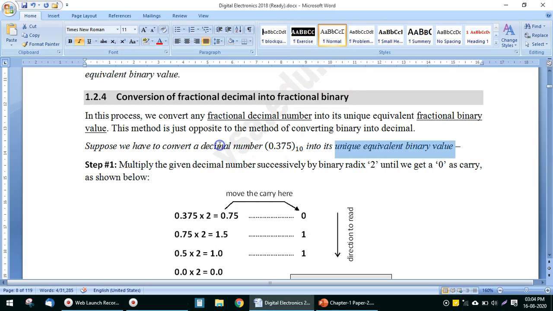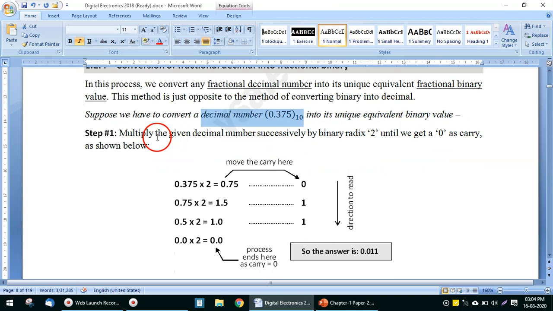Now here we have to convert the fractional decimal into fractional binary. So the given fractional decimal number is 0.375. When a fractional decimal number is to be converted into its equivalent binary value, we simply multiply that value by 2, 2 being the binary radix. So I take 0.375 multiplied by 2, that gives you 0.75, and we move the carry over here, that may occur.